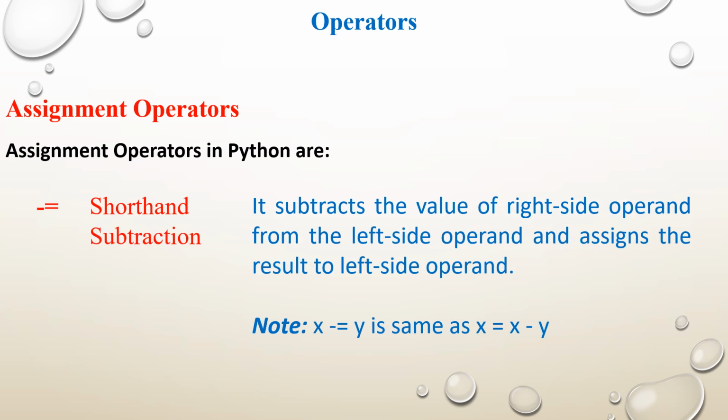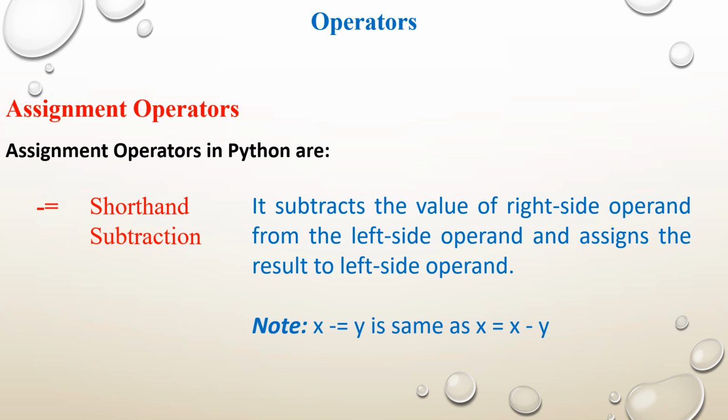Third assignment operator is shorthand subtraction, minus sign equal to sign. It subtracts the value of a right hand side operand from the left side operand and assigns the result to the left side operand. It means instead of writing x is equal to x minus y, we can write x minus equal to y.